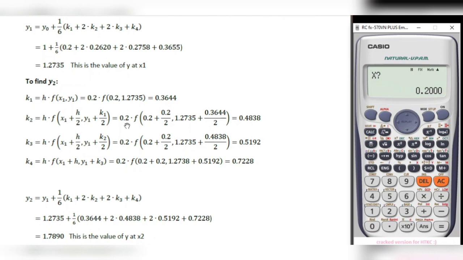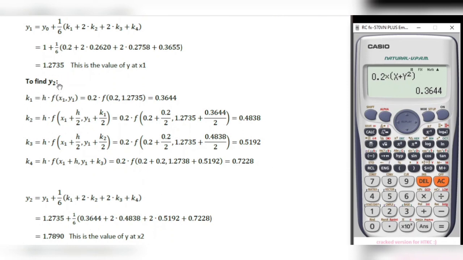Again press calc, now the value of x is x1 and y1. x1 is 0.2, y1 is 1.2735. Get k1 is equal to 0.3644. So this is the k1 corresponding to y2.